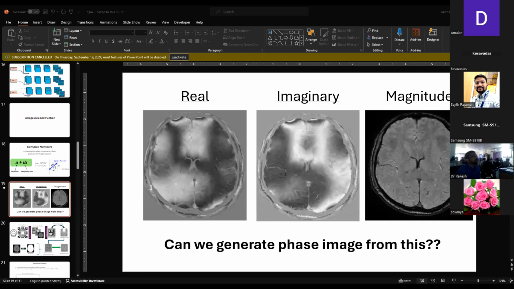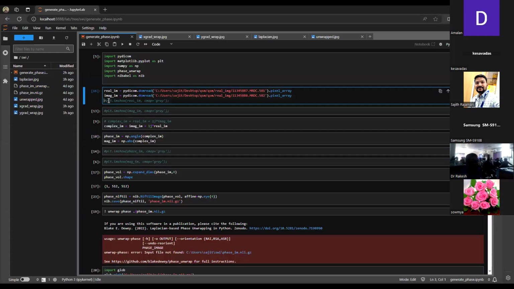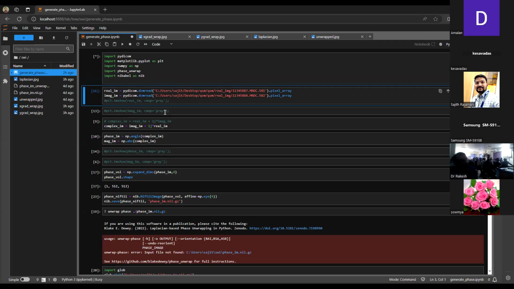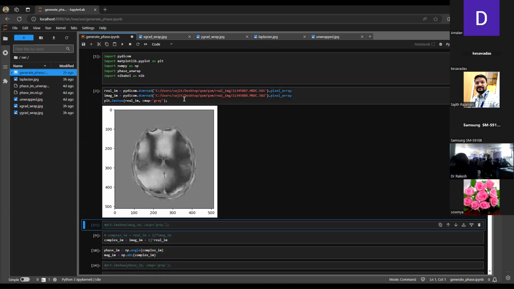I'm sharing another window just in order to show the problem with the phase. I'm going to load the real images first. I took one slice from the QSM image.